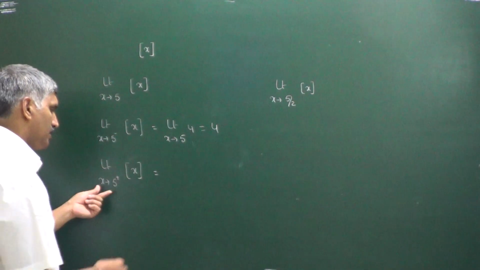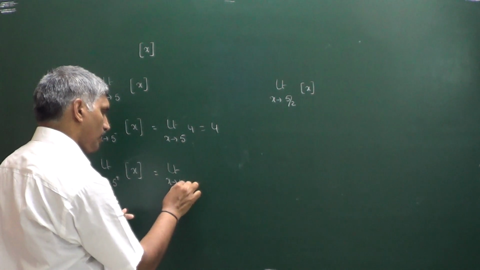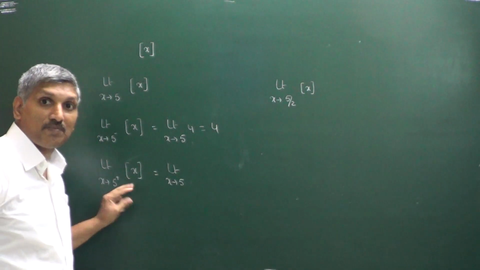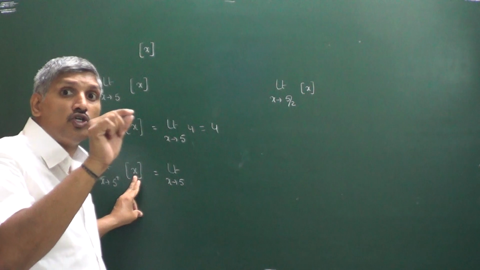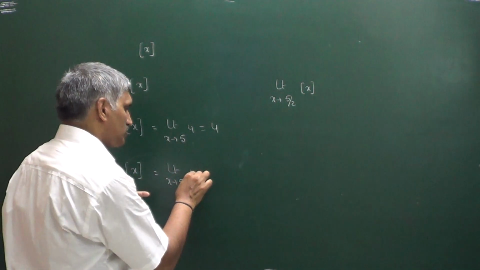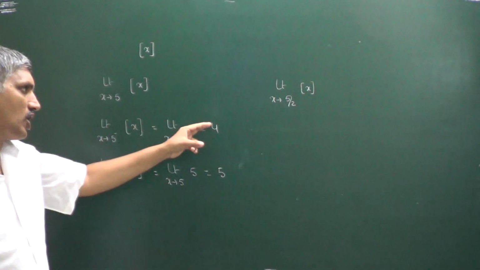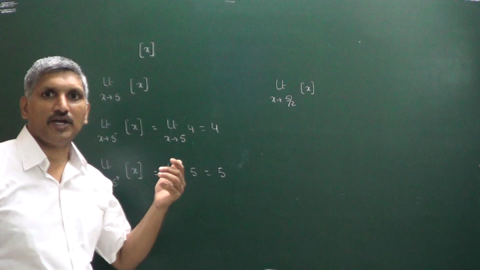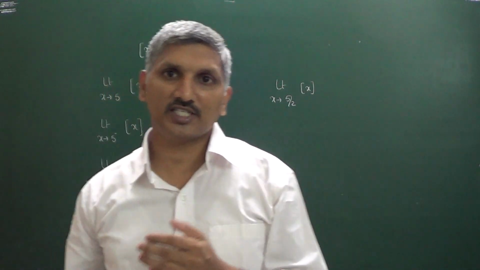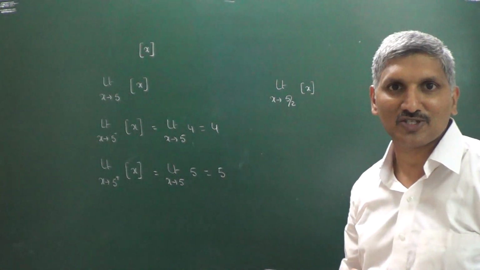Next here, limit x tends to 5 plus, that means 5.00001. Integral part becomes 5. So that value we are getting 5. So left hand limit is not equal to right hand limit. So we can say the limit does not exist at x equals 5.